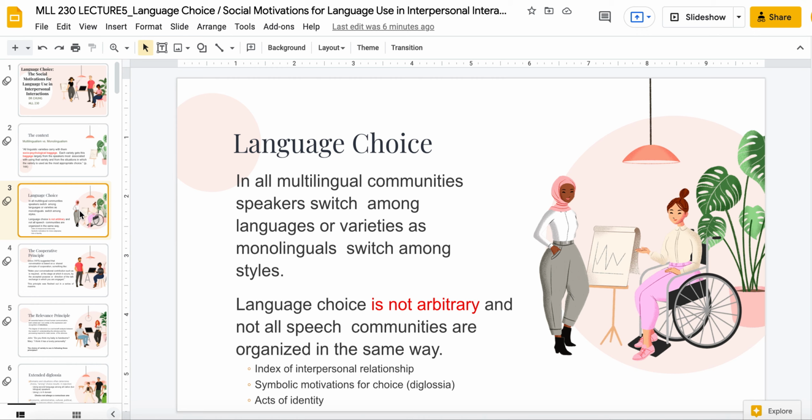If you have different dialects, maybe you'll switch, you might use different registers, like a formal or informal register, depending on who you speak with. This is dependent on your choice. You're choosing to use a language. So it's not arbitrary. That means that it is not random, right?